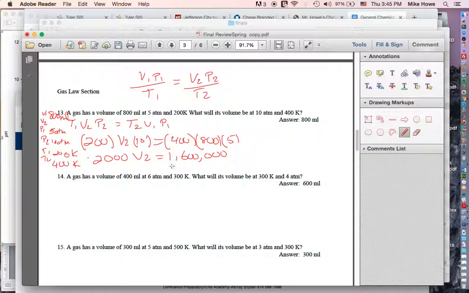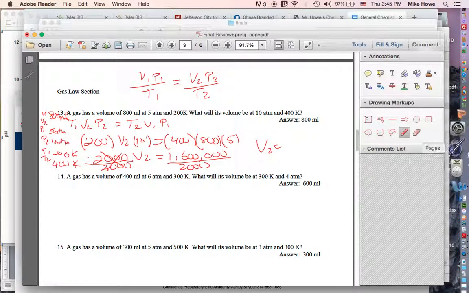Do you divide both sides by 1,600,000, or do you divide both sides by 2,000? Let's go with the correct way, which would be divide by 2,000, because we want to divide by the number that is with the variable so that it cancels out. Too many times this year I've seen people try and divide both sides by the 1,600,000. All right, I'm out of room over here, so V2 equals 1,600,000 divided by 2,000. So V2 should equal 800 milliliters.